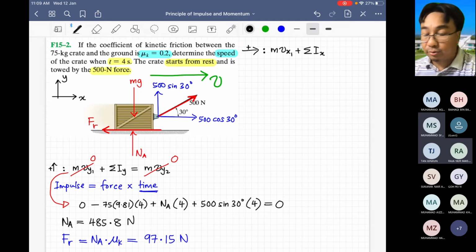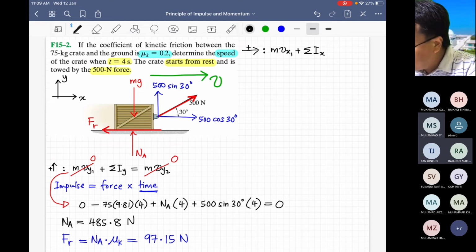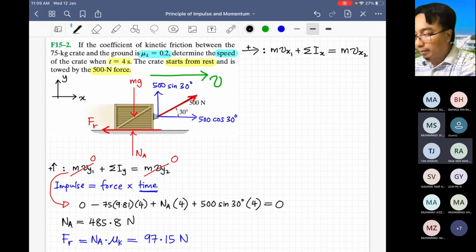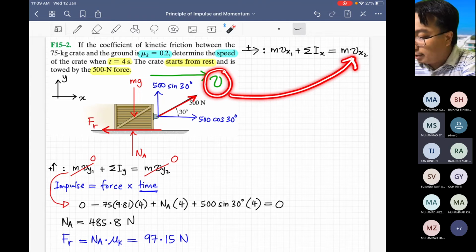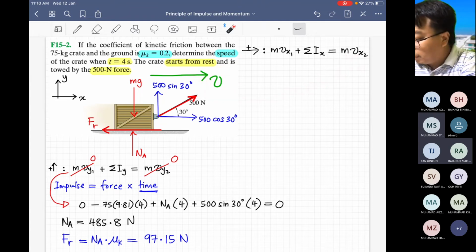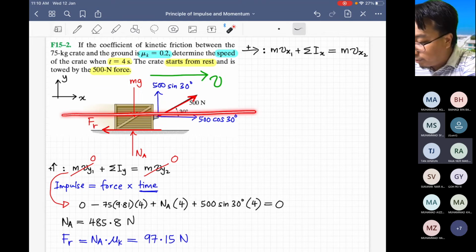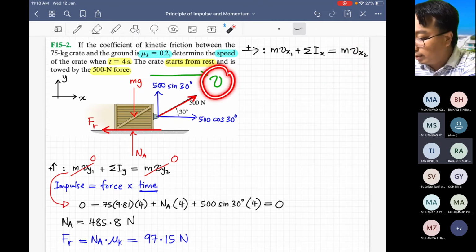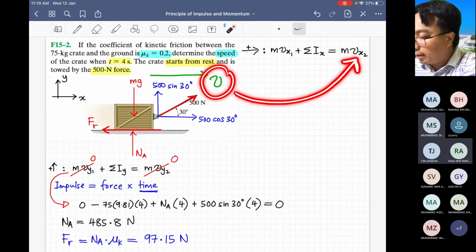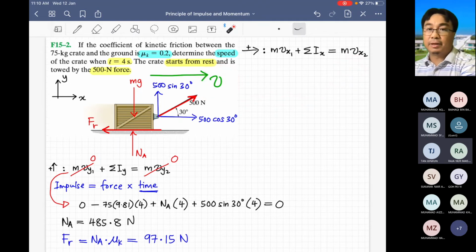Tadi total iy, sekarang total ix. Impulse in x-axis sama dengan mvx2. Okay, the v here is sebenarnya vx2 ni lah. This is the v yang kita nak cari. Sebab kita tahu the crate ini hanya bergerak dalam x-axis ke kanan. So velocity pada time sama dengan 4 ini ialah vx2 ni. This is the actual value yang sebenarnya kita nak cari, vx2. So inilah yang kita nak cari sebenarnya.